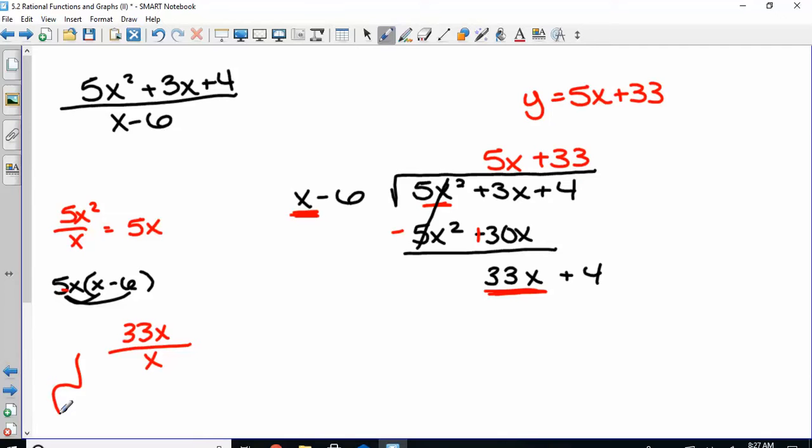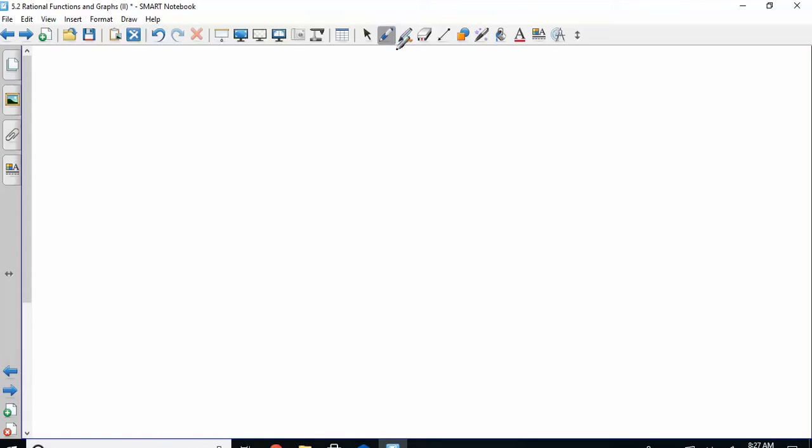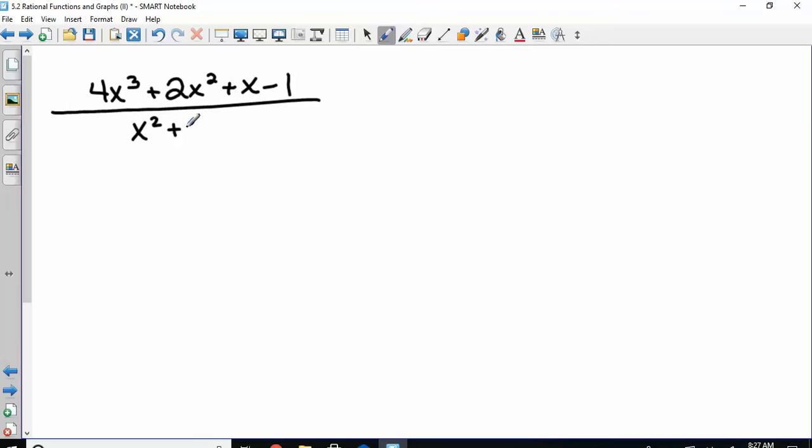Do we need to do another sample division? Let me give you guys one to try. Okay, you guys find the oblique asymptote for this one.